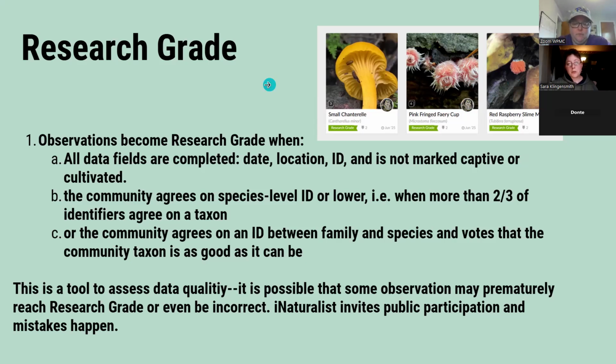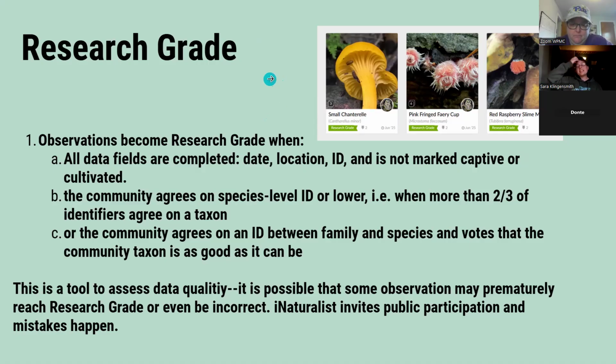So usually when you upload a photo down to genus and species, and then somebody else agrees with you, it usually goes research grade. Or three, the community agrees on ID between family and species and votes that the community's taxon is as good as it can be. We do have some species complexes, especially with mushrooms, that get a little hairy, and that's really all the farther we can get in some of these cases.